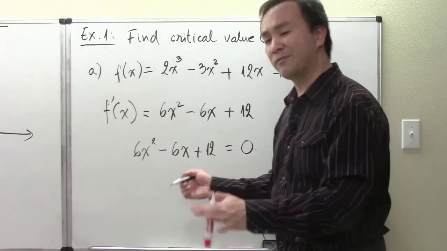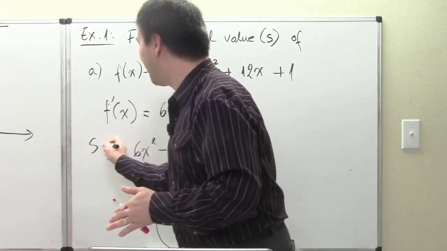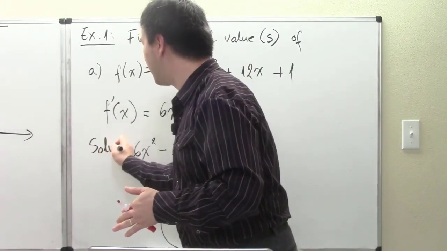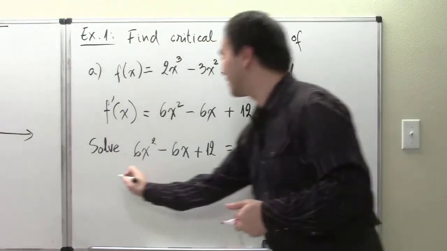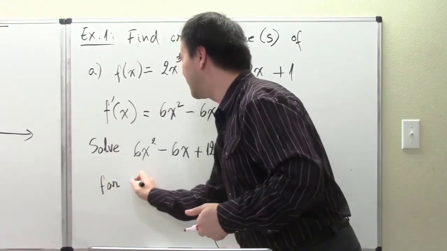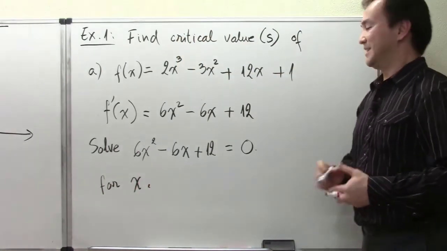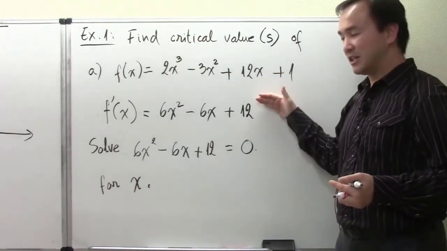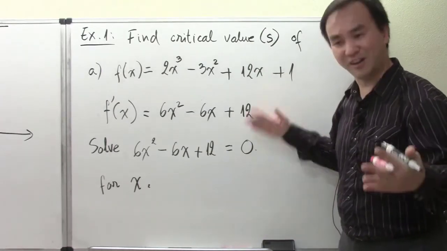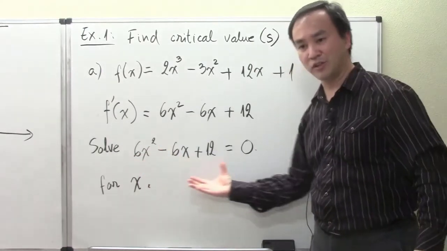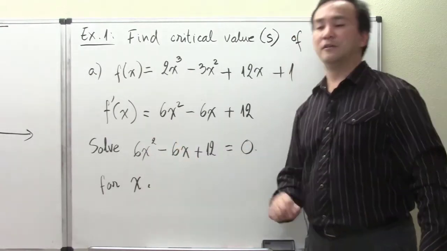After we equate our derivative with 0, we are going to solve that equation for x. So the big calculus step is here: we find the derivative, but once we've got it, we go back to the algebra and solve an equation like this for x.